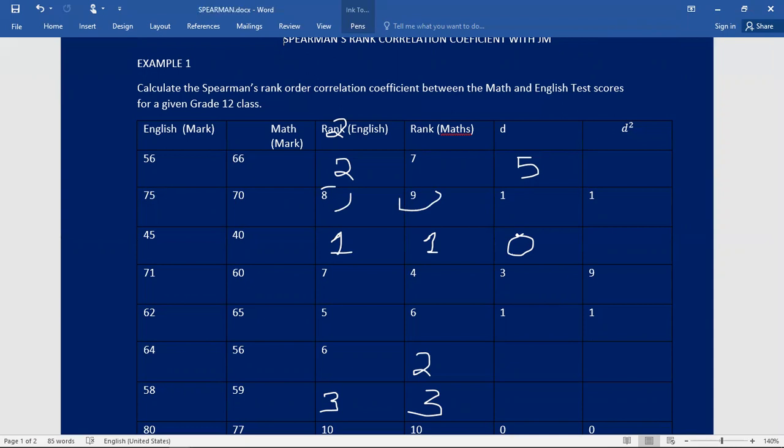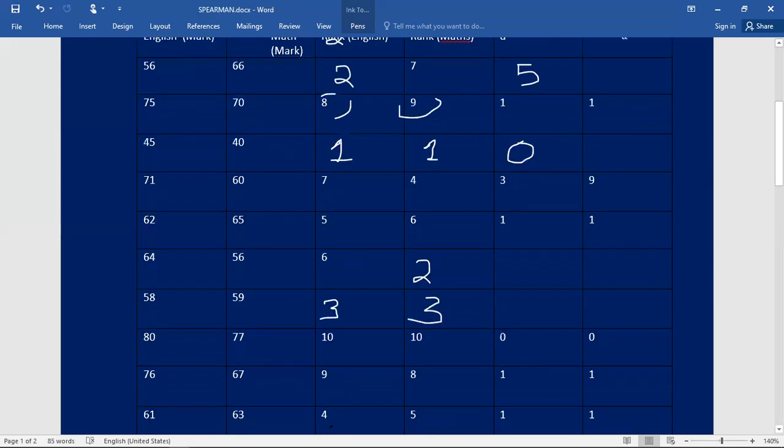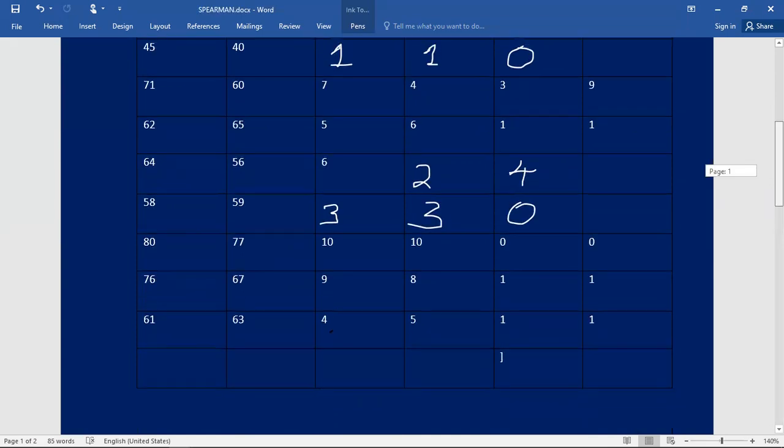It would have been -1, but you don't have to write it negative. But if you want, you can. There's no problem because we'll be squaring these numbers. 6 minus 2 is 4. I think you understand that point, then 0 and the rest of the numbers.